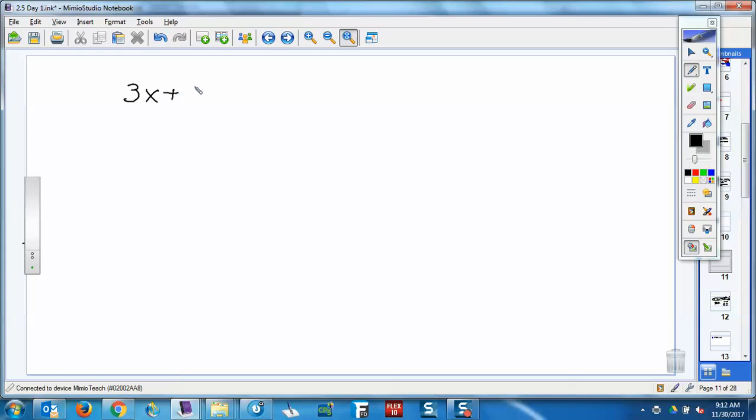But back then, you wouldn't have had any idea what the solution to that was. Right? Now you do. What's the solution to that? 14. Right? The answer to that is 14. But back before you knew how to solve these, you didn't know how to solve that.